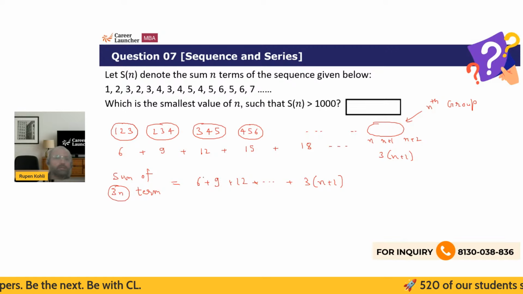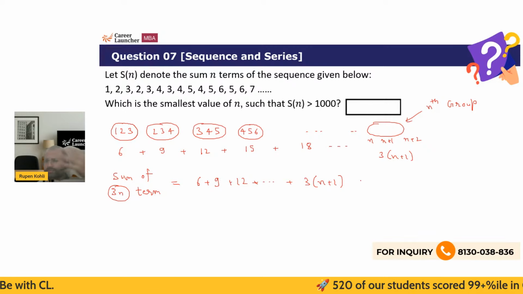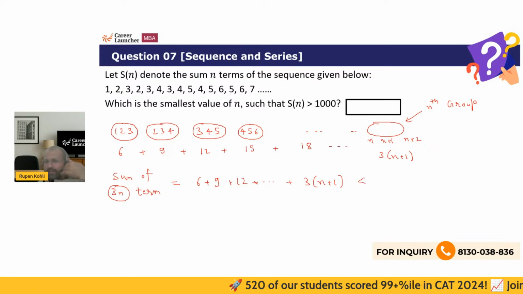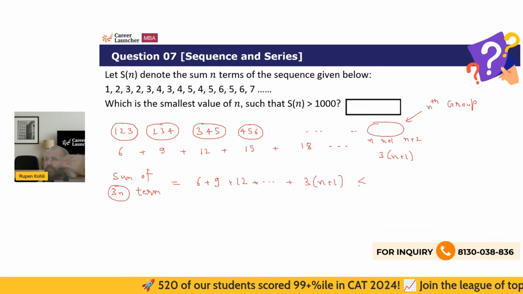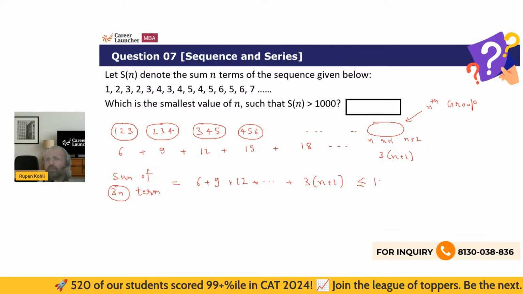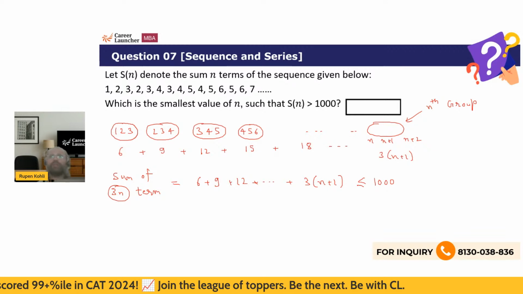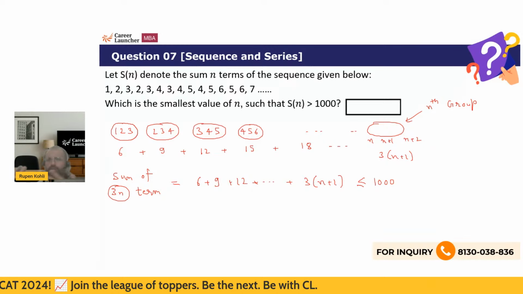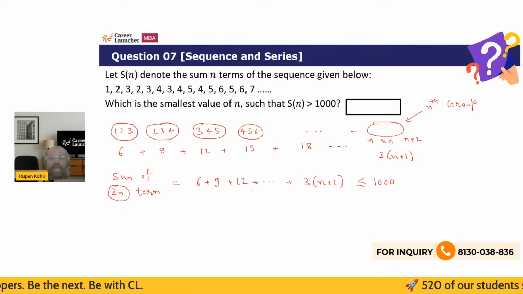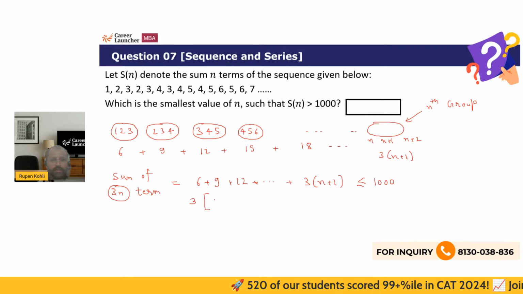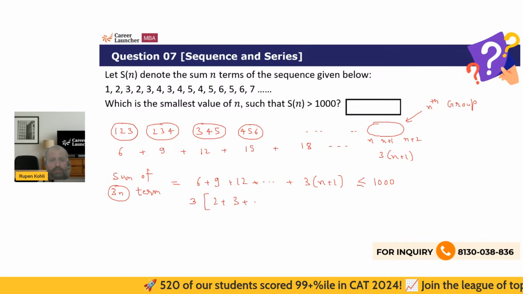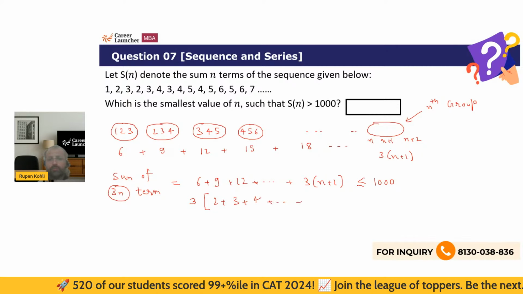Right? So this sum needs to be just short of, or maybe even equal to, I don't know if it equals, 1,000. Because we don't want to exceed 1,000. We want to count until we are about to reach 1,000. So we'll see then what we need to add further. So this is 3 common into 2 plus 3 plus 4 up to n plus 1.